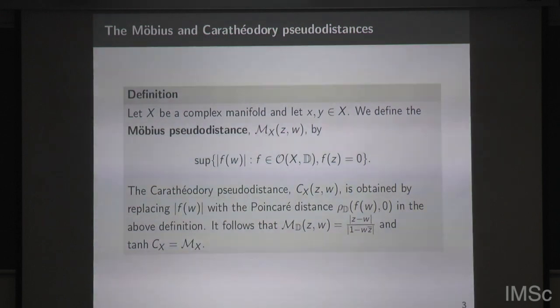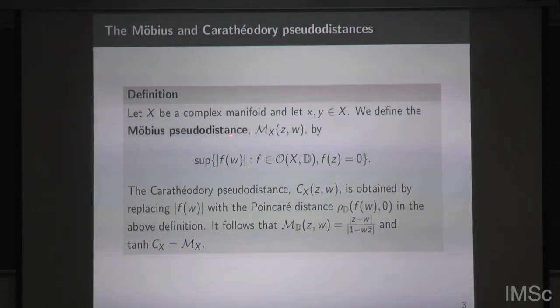Given a complex manifold X and two points z and w in X, you look at the collection of all holomorphic mappings f from X to the unit disk such that f of z is 0. Then you take the supremum over mod f of w. This object is called the Möbius pseudo distance. Instead of taking mod f of w, if you had taken the Poincaré distance rho_D of f of w and 0, then what you get is the object known as the Carathéodory pseudo distance.